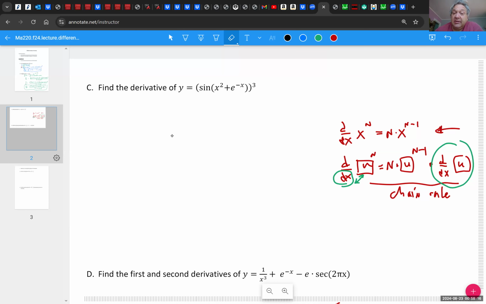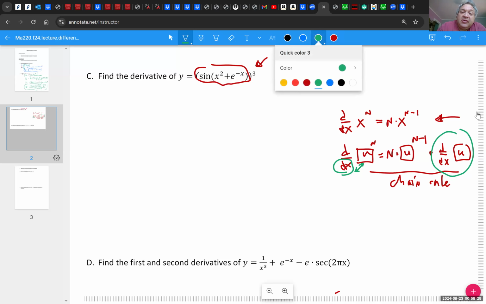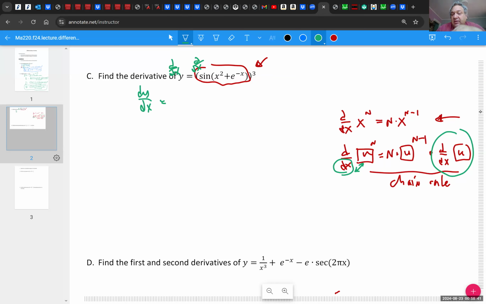So let me go ahead and do the chain rule for example C. Okay, so well, maybe I'll put this back here. This is my thing raised to the third power. So according to the chain rule, if I differentiate both sides, derivative of this side, derivative of this side, the derivative of y is going to be dy dx. And the derivative of this thing, well, this is thing to the third.